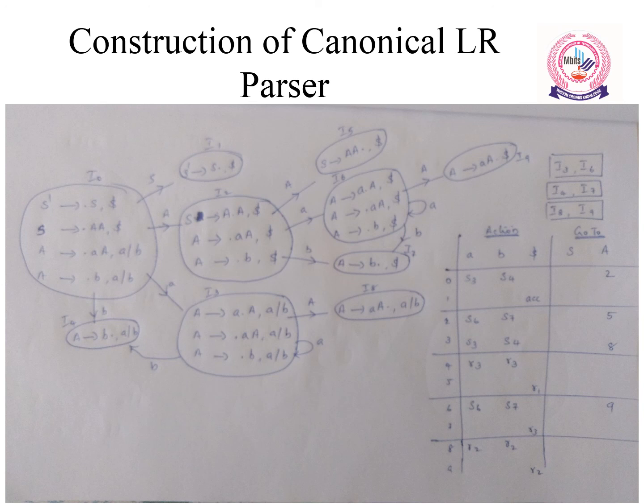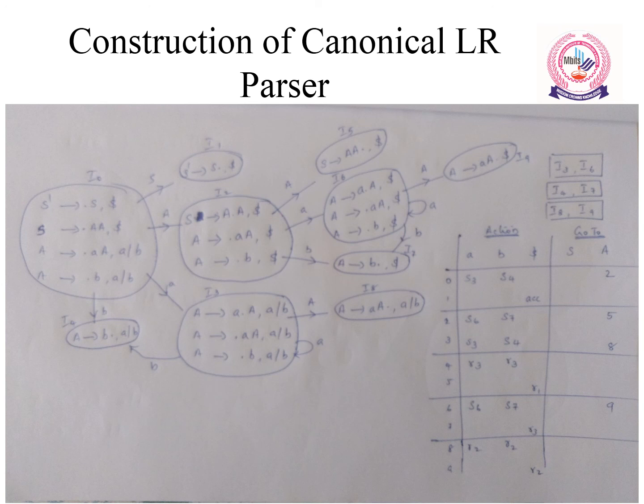When we look into I4, the two lookaheads are A or B. That means the reduction according to this production will only happen if the input is either A or B. For state I4, if A or B comes, then only we have to do the reduction, that is R3.